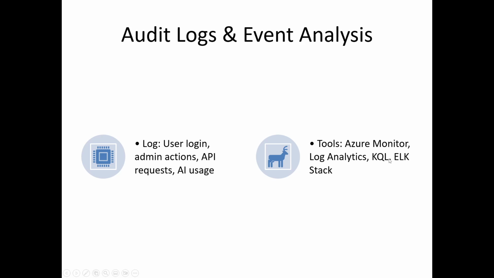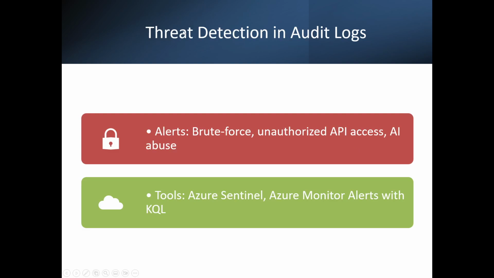Using KQL, we can analyze patterns like who is generating AI content and which services are accessed most. After that comes the most important thing, threat detection in audit logs.